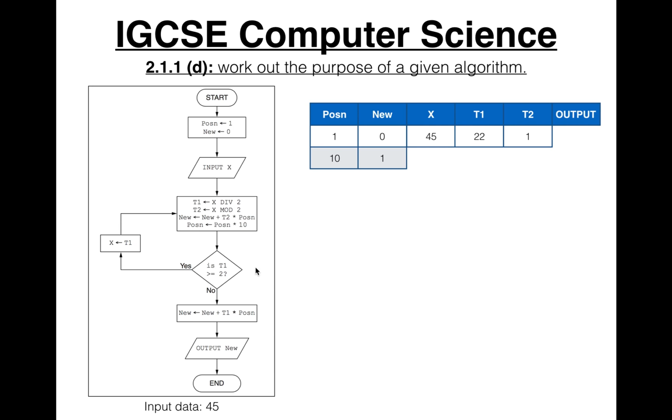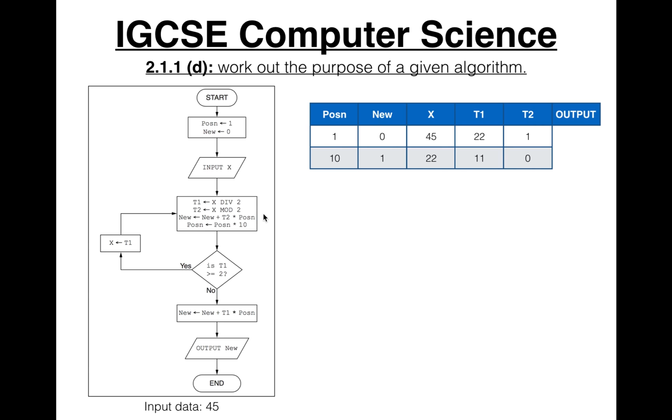Is t1 higher than or equal to 2? Yep, definitely. X is t1, which is 22. So 22 divided by 2 gives 11, remainder 0.